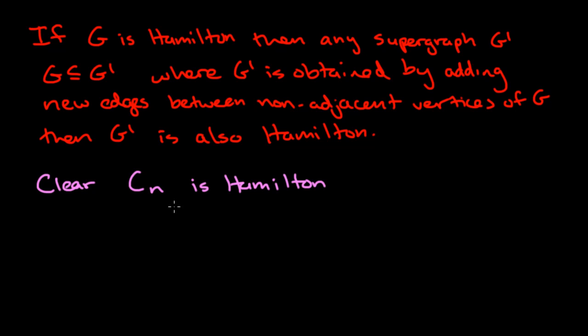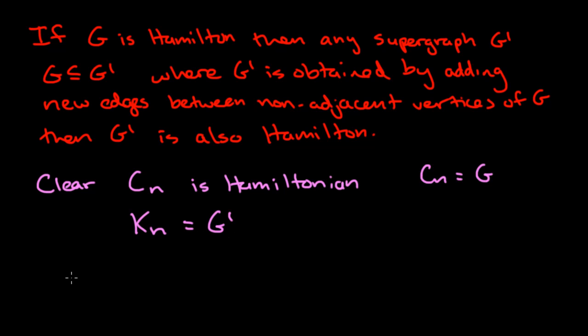So the cycle Cn is Hamiltonian. Now, if we take a look at the complete graph on n vertices, Kn, this is a supergraph of the cycle. So this is like our G prime, where our Cn was our G. This complete graph is obtained from the cycle just by adding more edges.